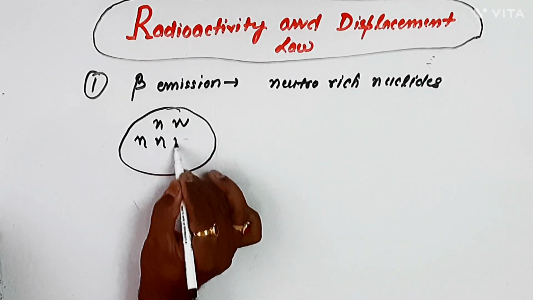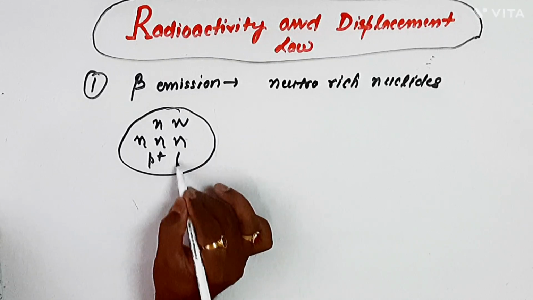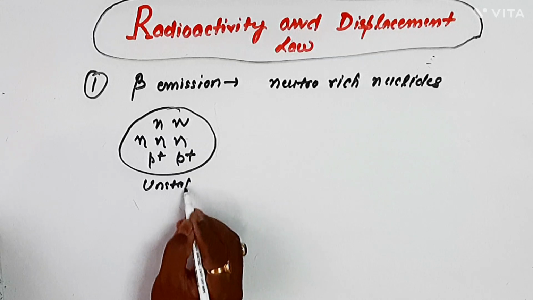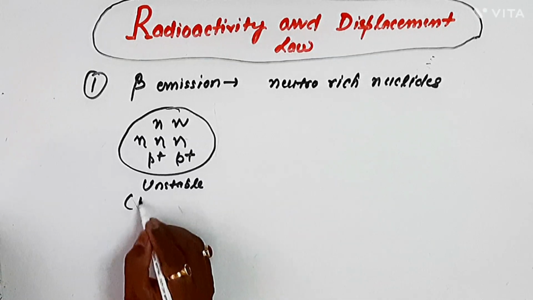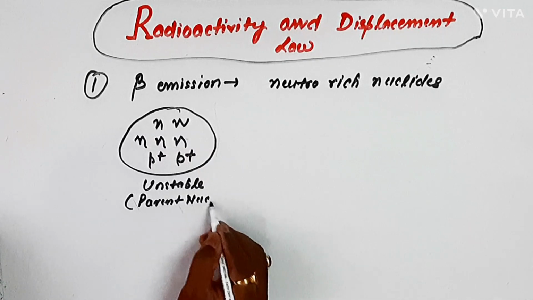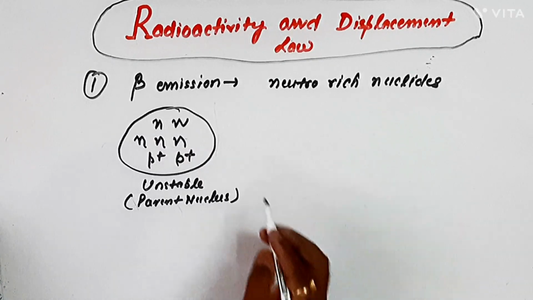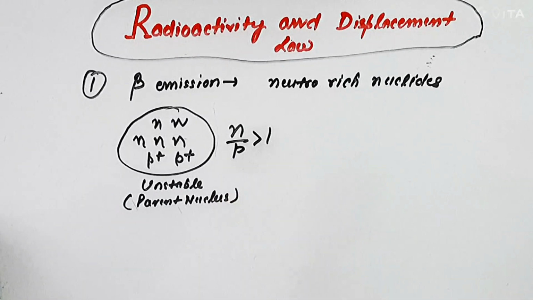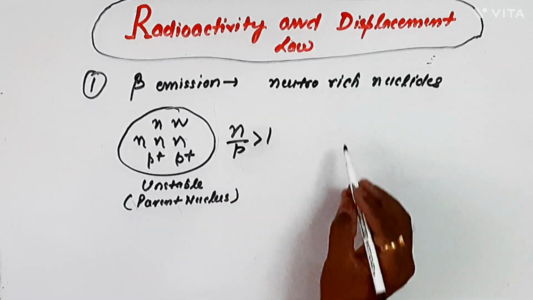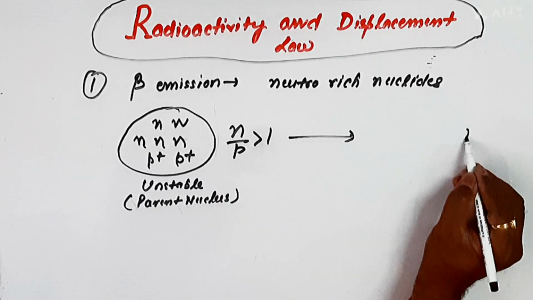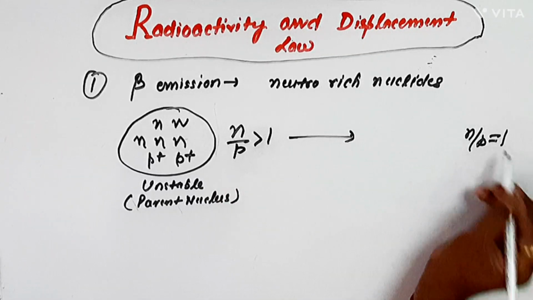Here neutrons are more and protons are less. So this is an unstable nucleus. This we call the parent nucleus. So here the n by p ratio must be greater than 1. For stability, it has to achieve an n by p ratio equal to 1.